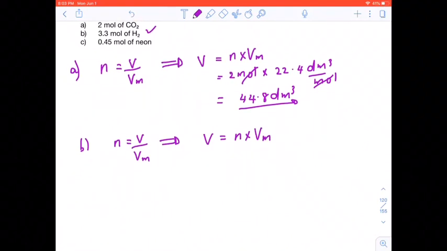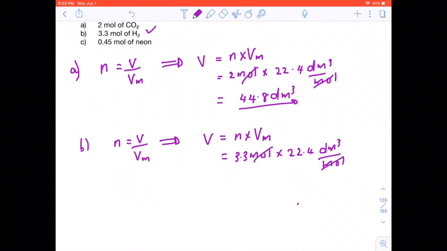Okay? n is 3.3 moles times the molar volume, 22.4 dm³ per mole.